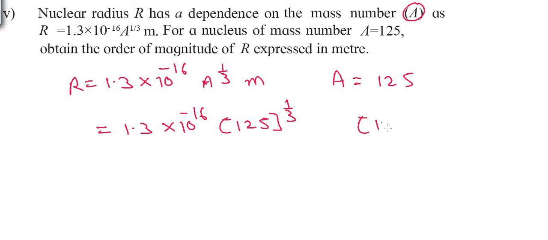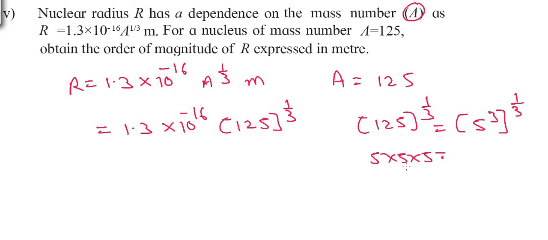Now 125 raised to 1 upon 3 can be written as 5 raised to 3. Now 5 raised to 3 is 5 into 5 into 5. Let us do it. 5 5s are 25, and 25 5s are 125. So it's correct. Power of power, multiplication of powers. So 3 into 1 upon 3 is equal to 1. So we get that equal to 5.